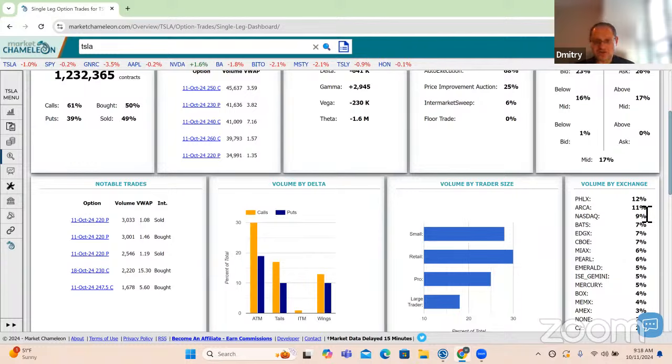Where do I stand a better chance of getting the fill right away at a better price? Wouldn't you want to know that as a trader? Or you could get it routed somewhere else, but your chances of an execution might be lower because there's not as much trading going on at that exchange. You might sit there and be the last one in line. Think of it as, do you want to be the first one in line or the last one in line?